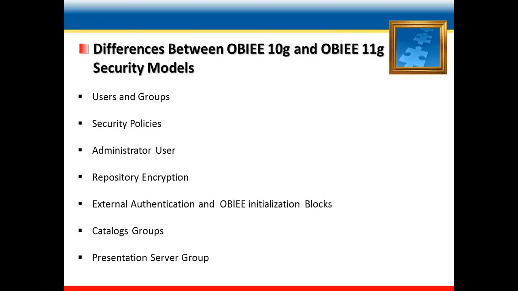For OBIEE 11G, the entire RPD is encrypted by a password, meaning the entire RPD is going to be encrypted by the password. And then the fifth one, external authentication and Oracle Business Intelligence Enterprise Edition initialization blocks.